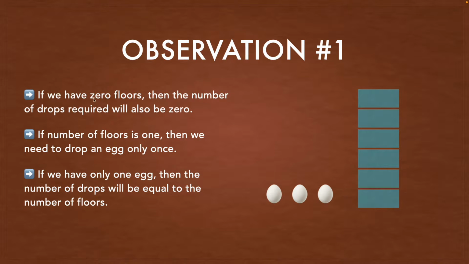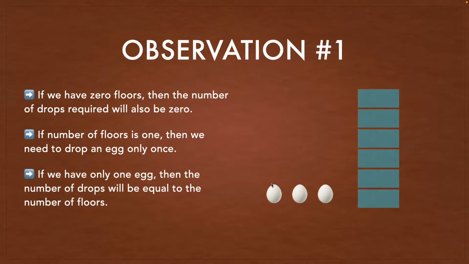Now what do we see here? If you have 0 floors, then the drops will be 0. If you have one floor, then the drops will be 1. And if you have one egg, then the drops will be equal to the number of floors. From these three combining, we can say if we have 0 floors, or 1 floor, or 1 egg, then in these cases, the number of drops required is going to be equal to the number of floors.